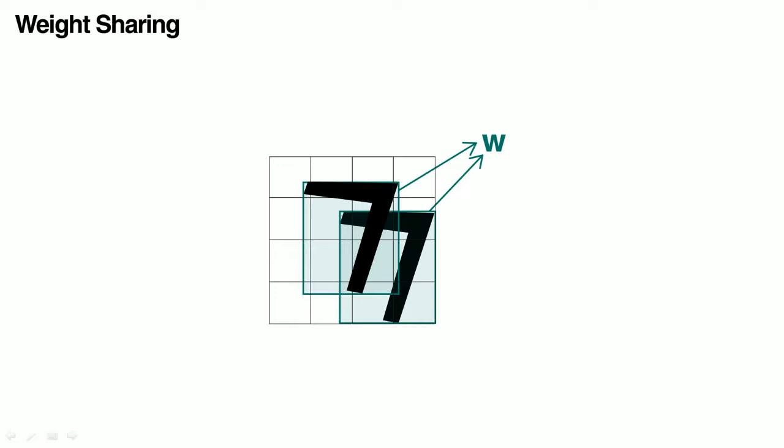And we need a way of sharing parameters so that 7s are identified wherever they are on the image. And this is essentially what a convolutional neural network is. It's a neural network that shares parameters across space. The question now is, how big of a patch or a convolutional kernel or filter should we use?